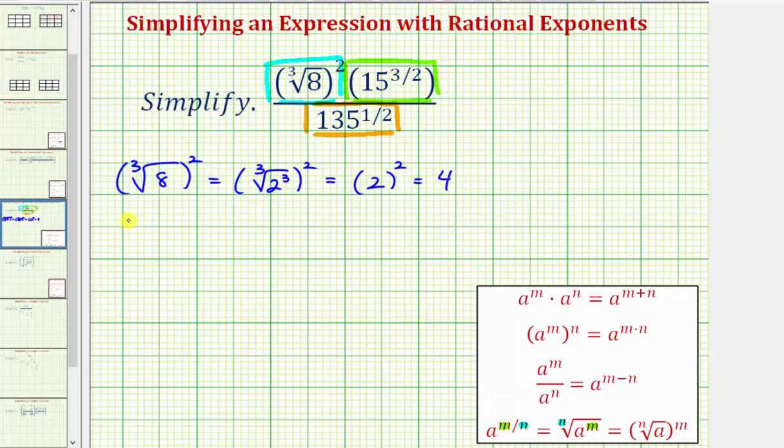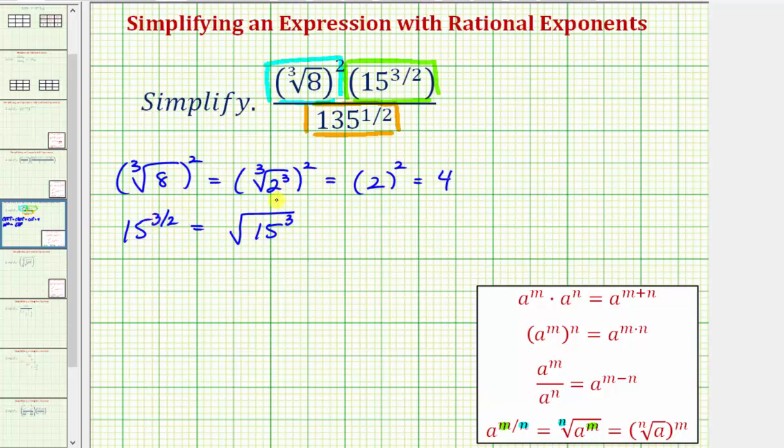So for 15 raised to the power of 3 halves, because the denominator is 2, we're going to have a square root. Whenever we have a square root, though, we can leave off the index of 2. And then the radicand would be 15 raised to the power of 3, because 3 is the numerator of the rational exponent.